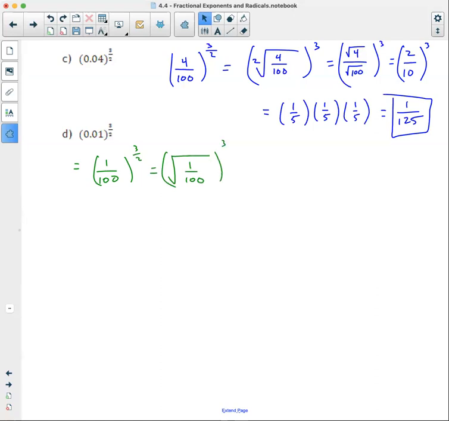Take the square root of the numerator and the denominator separately. So 1/10 cubed. And then multiply that by itself 3 times. Ten times 10 is 100. Times 10 is 1,000.